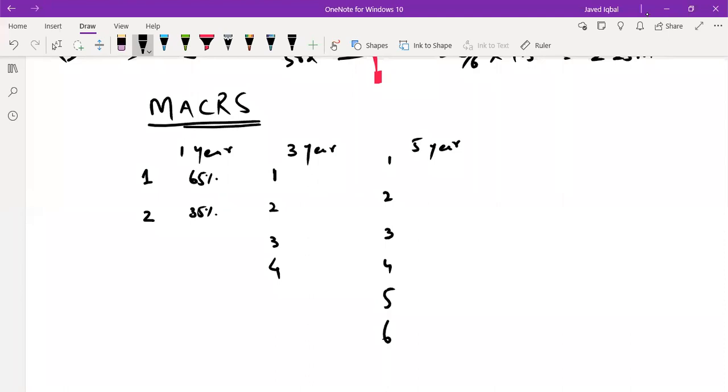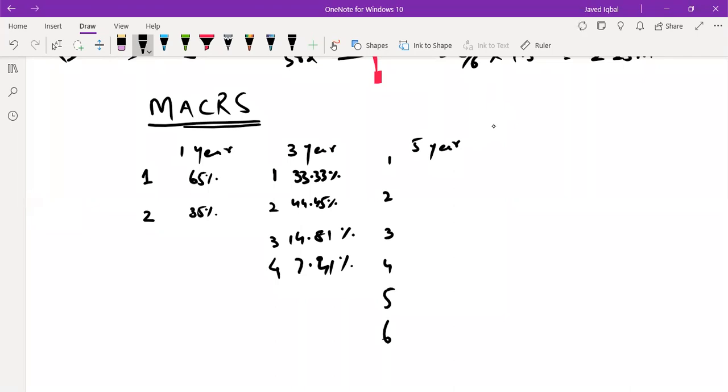Okay. For a 3-year class, we have 33.3% first year, 44.45% in the second, 14.81% in the third, and 7.41% in the fourth.